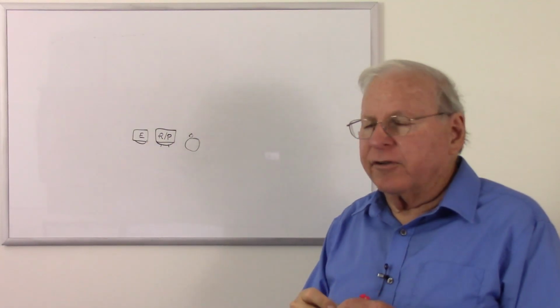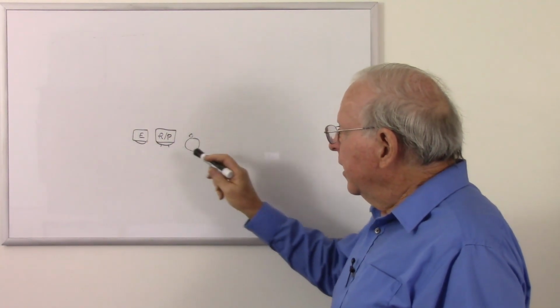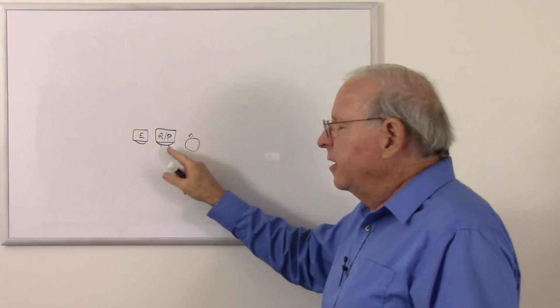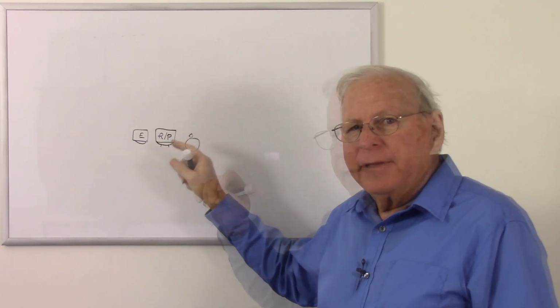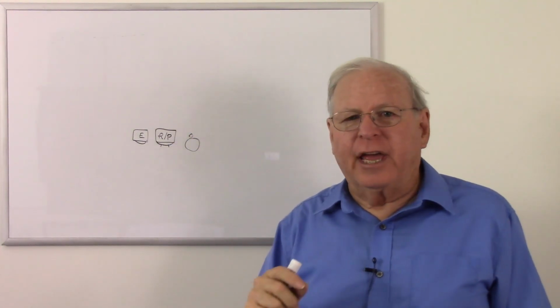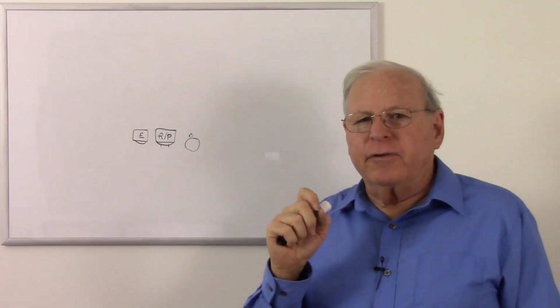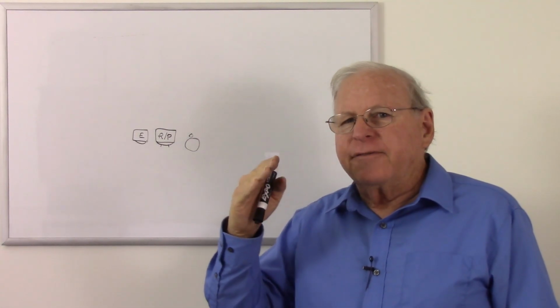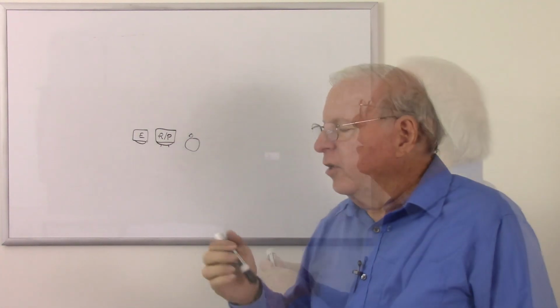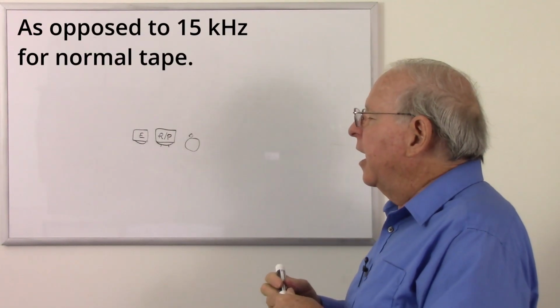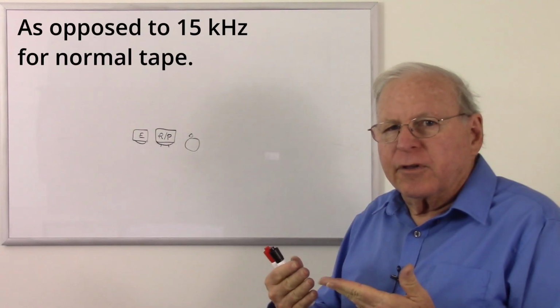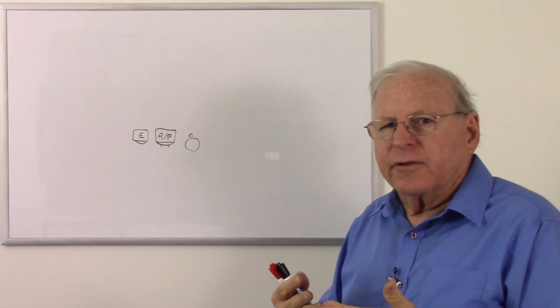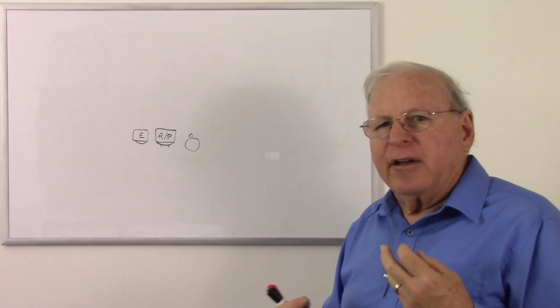Now, as far as frequency response, to get a higher frequency response, we can make a smaller gap. But by changing the tape formulation and the bias, we could increase that frequency response a little bit, get up to maybe 17 kilohertz. So the first solution to that was chromium dioxide tape. So the tape was formulated with chromium dioxide rather than ferric oxide. There may have been combinations.